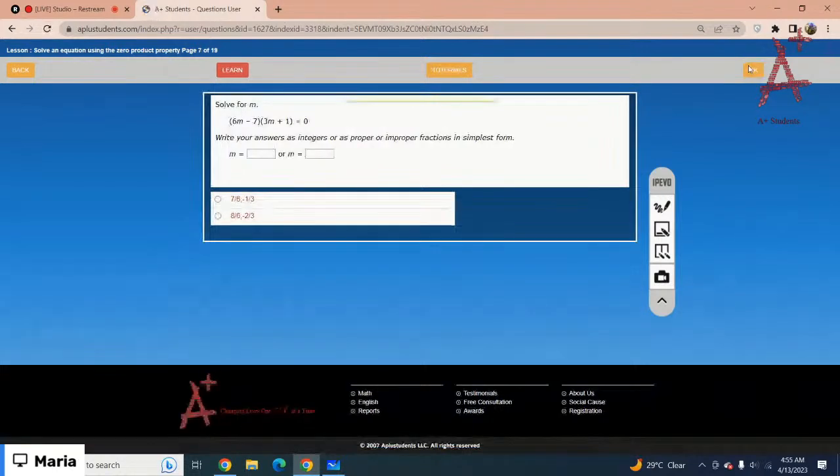Got it? 6m minus 7 times 3m plus 1 equals 0. So which is the correct option? So it would be 7 over 6 and negative 1 over 3. Got it? Option number 1 is the correct option.